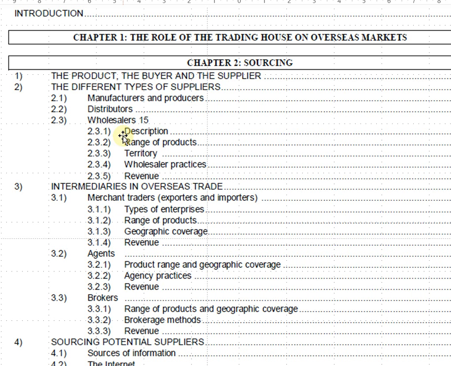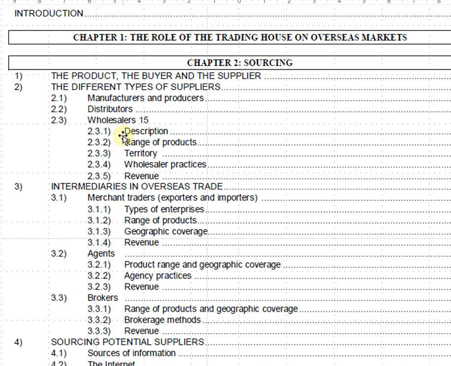Once we go to Chapter 2, the sourcing, it is composed of the product, the buyer, and the supplier. This is the upper subject, and the lower subjects are the different types of suppliers and intermediaries in overseas trade.